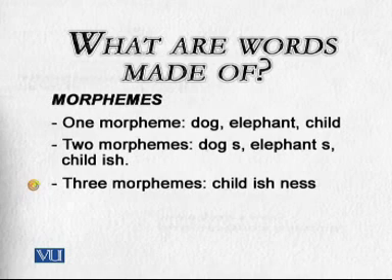Now, if I give you the analysis of this word, childishly, or childishness, for example, it is the same thing: child, then ish, and then ness. These three morphemes: the first one is the free morpheme and the other two are bound morphemes.